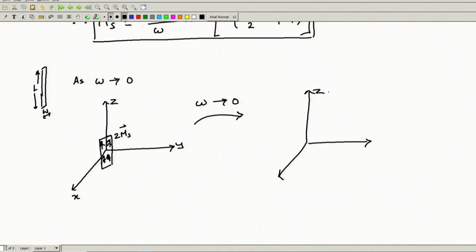This will be Z, this is Y, this is X, and since W is tending to 0, at the origin we will have this.